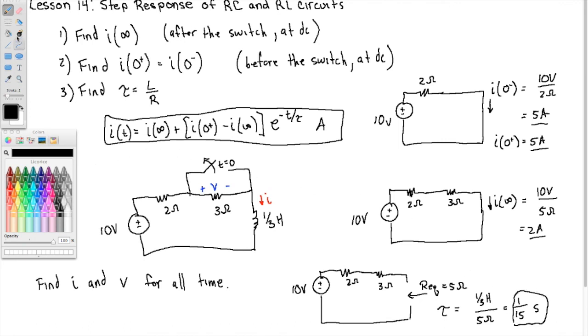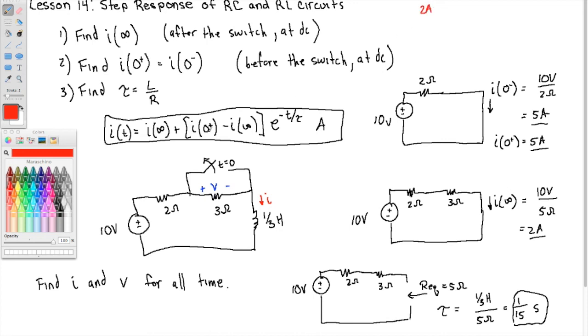All right, so I'm going to write now the answer, up here in red. So we're going to apply this boxed equation that for t greater than 0, I've got I of infinity, so that's 2 amps.